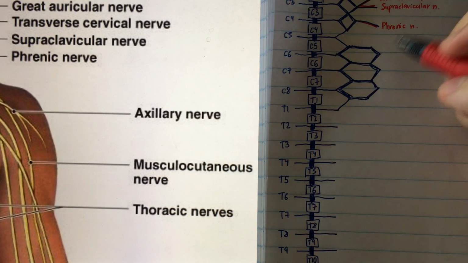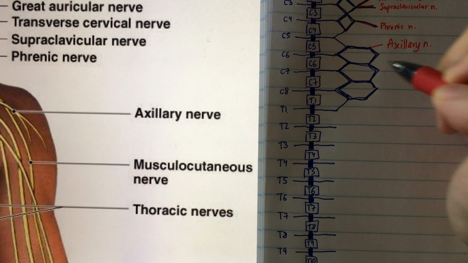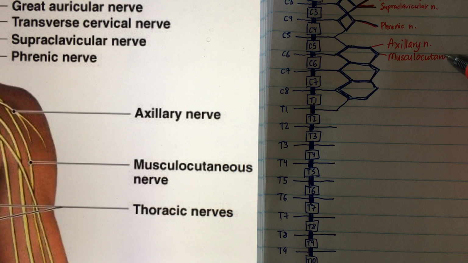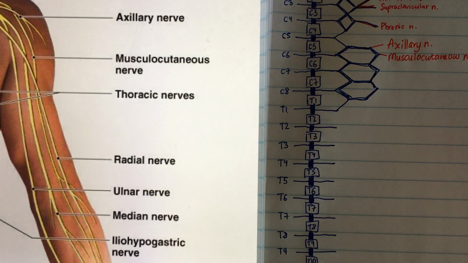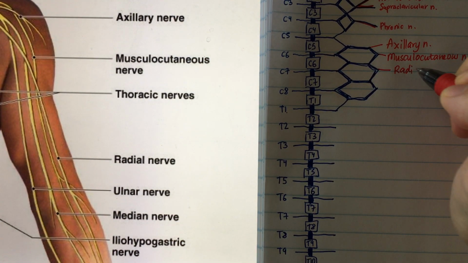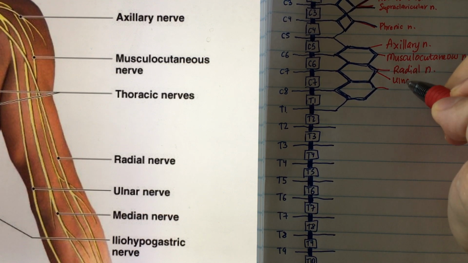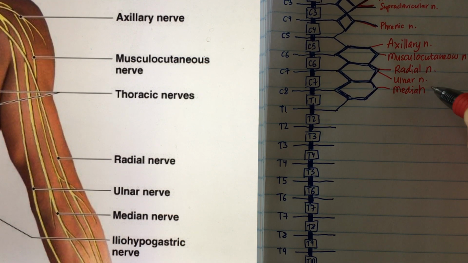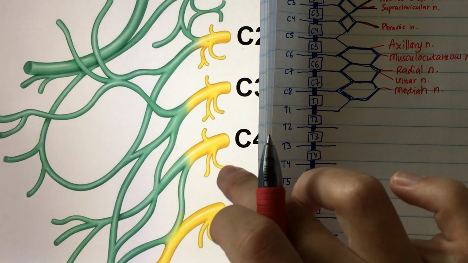And some of these nerves will be axillary nerve, musculocutaneous nerve, more nerves will be radial nerve, ulnar nerve, median nerve, and that's basically it, the main ones. So I'm gonna skip forward to review the function of these nerves.